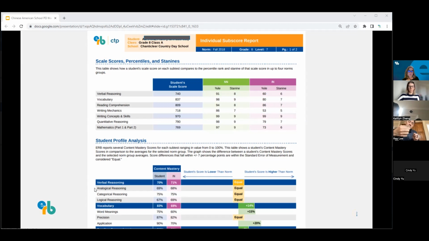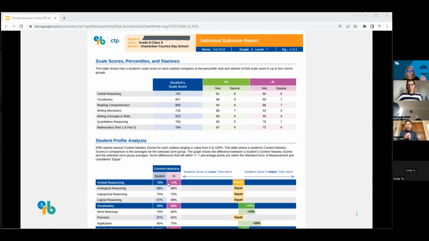So for verbal reasoning, we also have analogical reasoning, categorical reasoning, and logic. The students' score, their content mastery, will be on the left, and then the norm group will be on the right. And what you're looking at here is the relationship between these two numbers. So this is not as much out of 100% as it is about where is my student in terms of the level of mastery of this content.